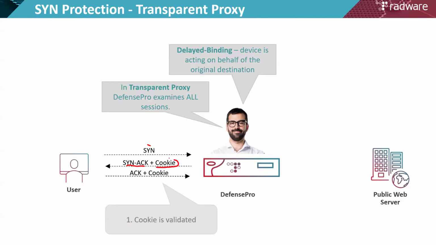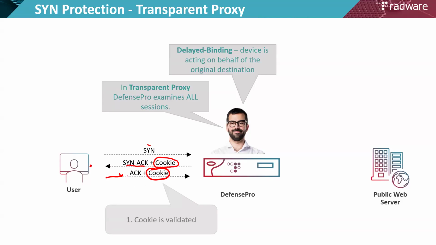Along with it, it will send a cookie. Now, this is not the layer 7 cookie that we're talking about. It is a set of parameters which are present within the SYN. Those parameters are taken into account, and basically it's a string of characters that we're sending back to the user. It is known as a cookie.